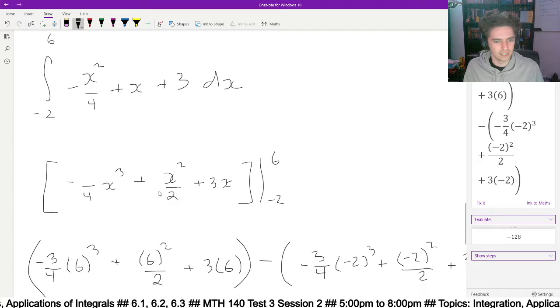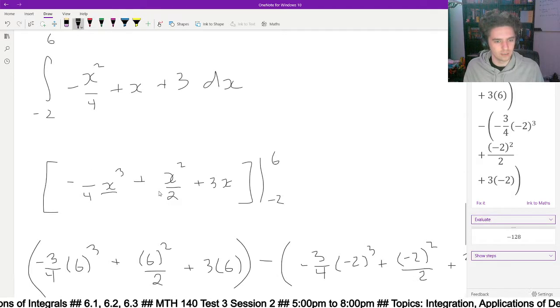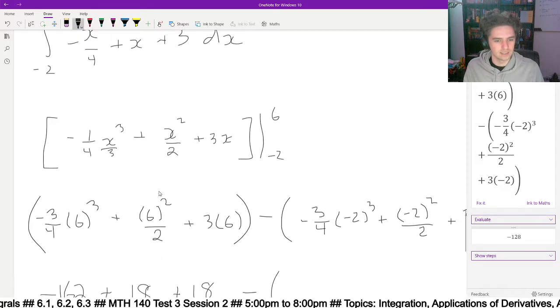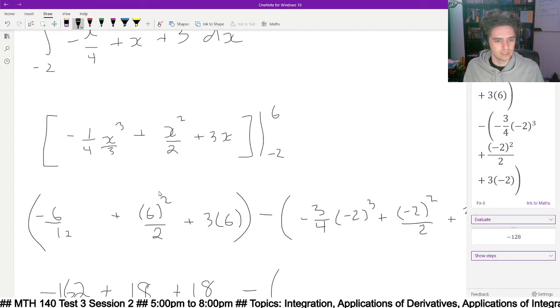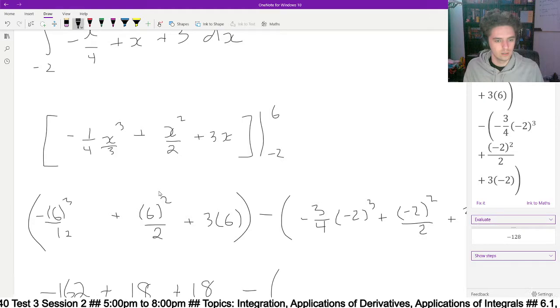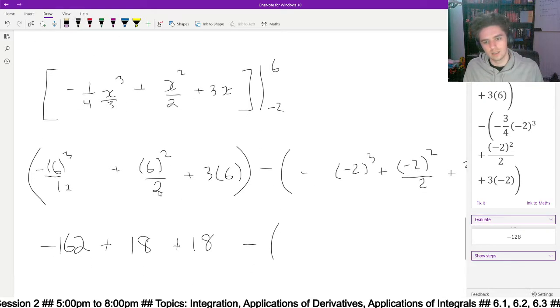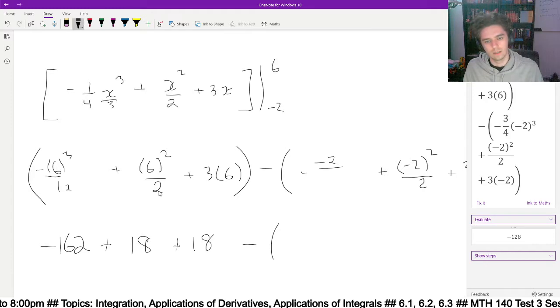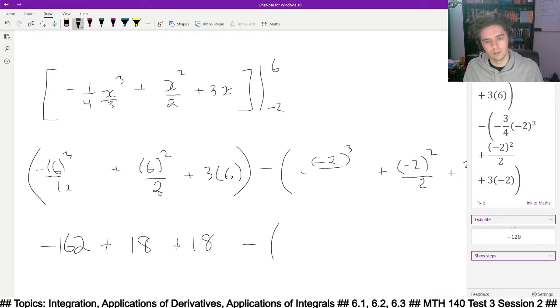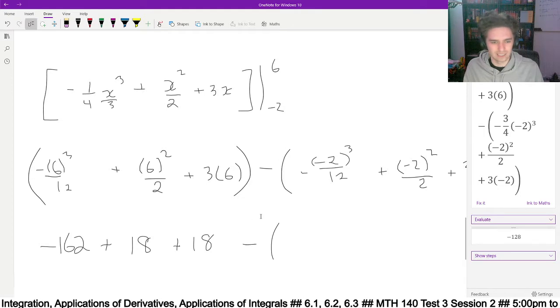Okay, there's the problem. I was supposed to divide by 3. So that's a 12. So that's 6 cubed over 12. And this is a negative 2 cubed over 12. And now let's see if it gets it.